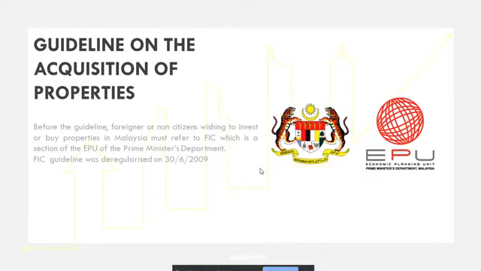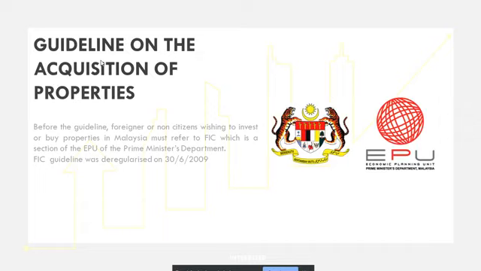So kita masuk pada subchapter yang baru lah, on the guideline on the acquisition of property. So before this guideline, foreigner or non-citizen yang wishing to invest or buy properties in Malaysia must be referred to FIC.